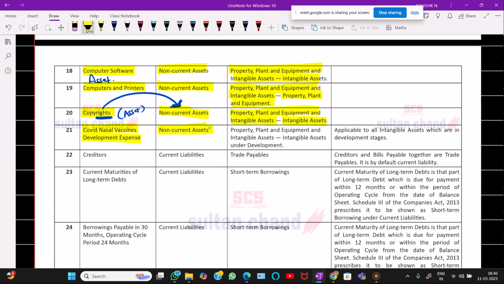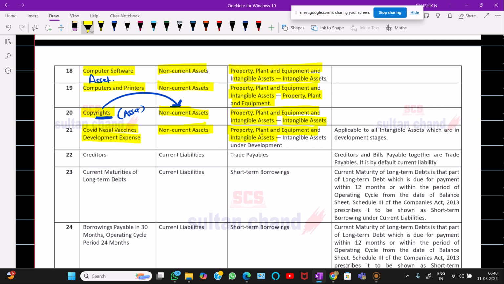Once you find out the formula, the component, or the ratio in which it has to be mixed and prepared, that's going to be everlasting. So it is considered a fixed asset, a non-current asset, and it comes under property, plant and equipment, and intangible asset.